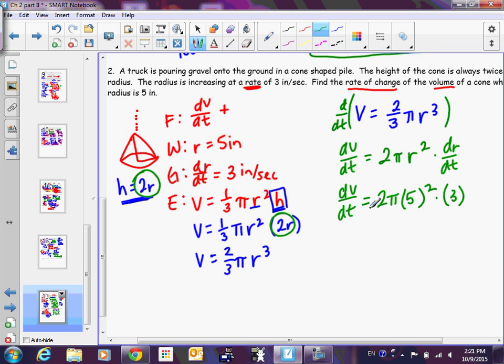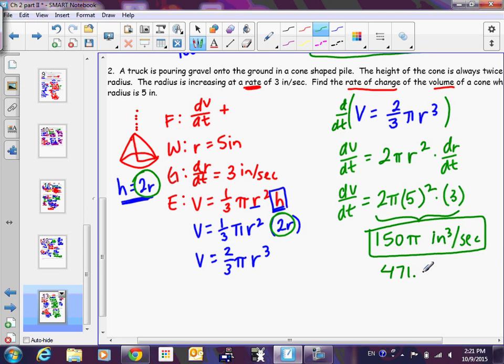And this one's even a little bit easier because it's just, what does all that equal? And it equals 150 pi cubic inches, because we're talking about volume here, per second. If you wanted to get the decimal, I believe it is 471.239.